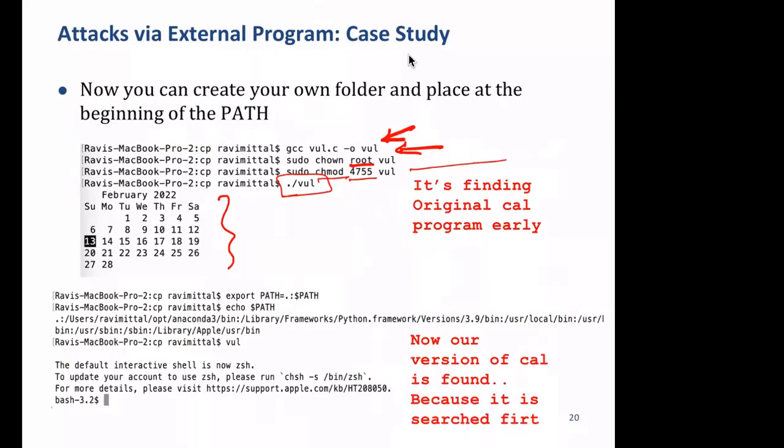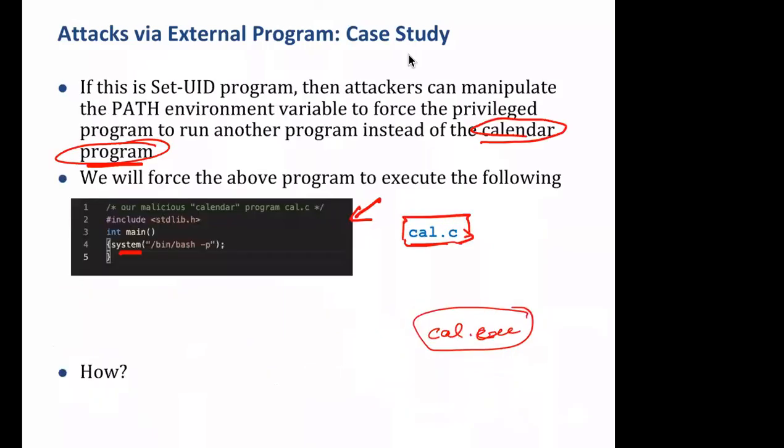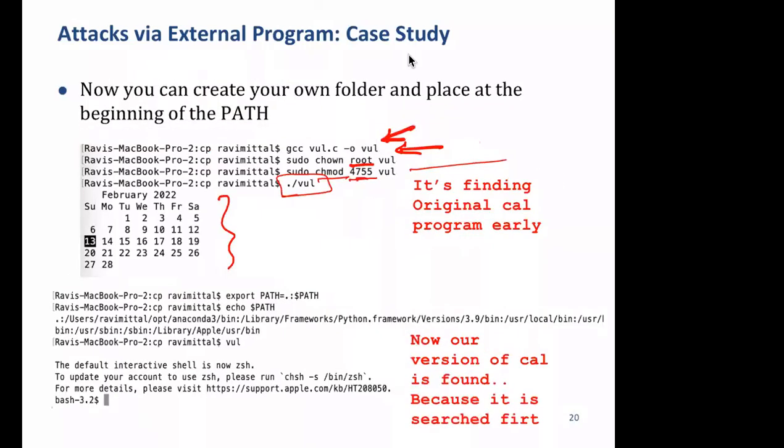So all this that we have done does not have any impact. However, if you put your code in a directory which is searched before the normal cal program, then you are done.